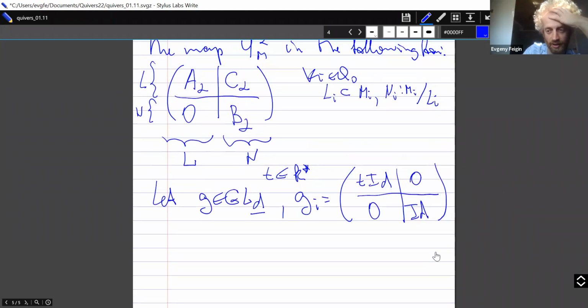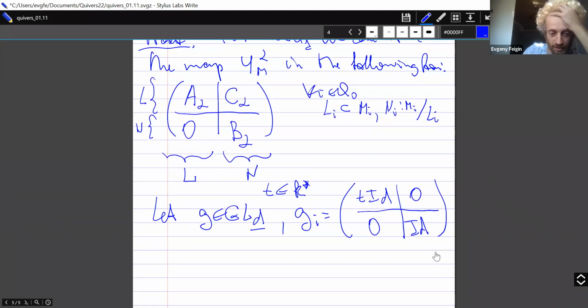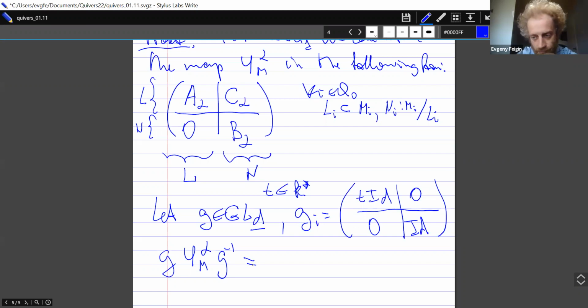So this is our Gi, and let us write G phi m alpha G inverse. So can you tell me what's that? You should multiply C alpha by t.